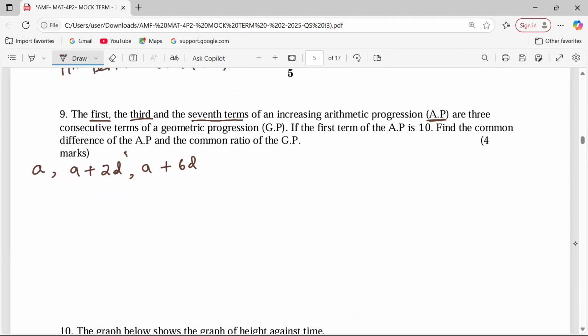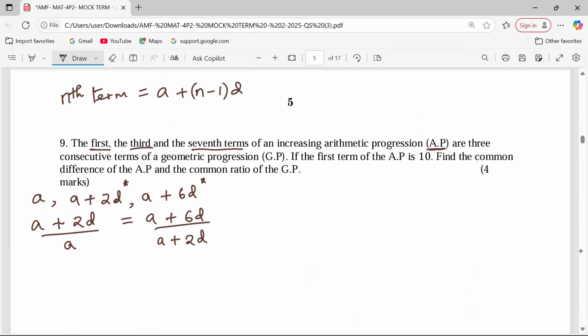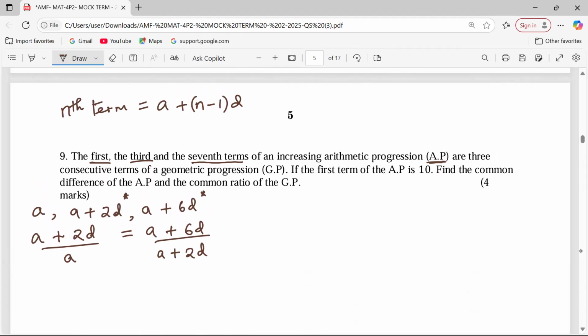We take this term, A plus 2D, and divide by A, and we shall get the same as when we take the other term, A plus 6D, out of A plus 2D. That is a very common analysis that we've been doing in our channel.